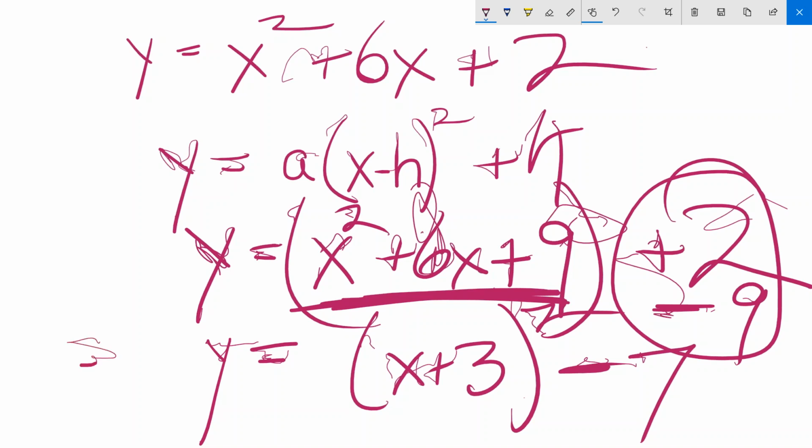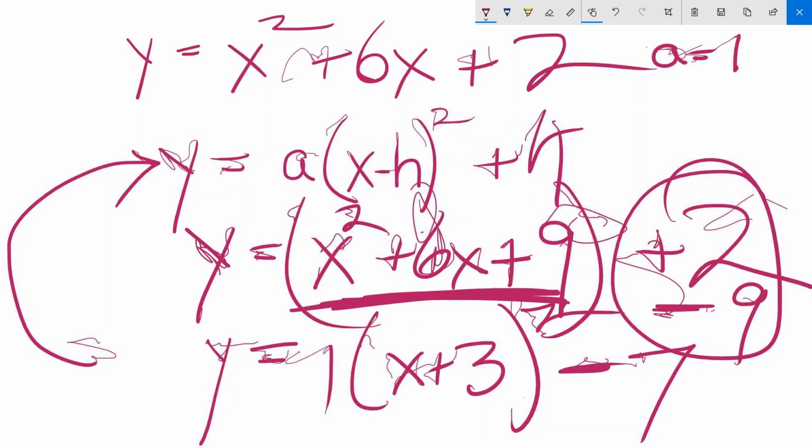And notice that the bottom line is in that format. It's exactly that format. What is h? Well, let's start. What is a? Is it x squared? It's 1. The coefficient in front of that term is 1. So a equals 1. What does h equal?